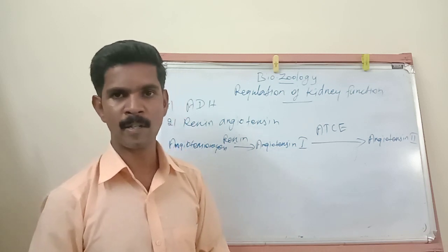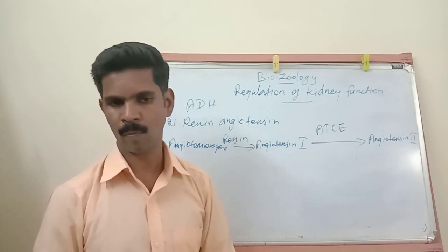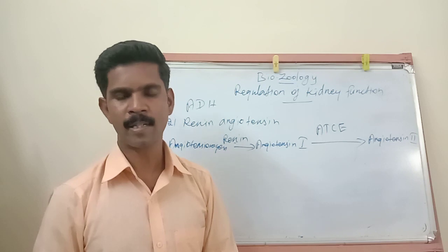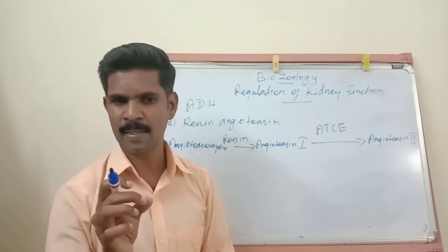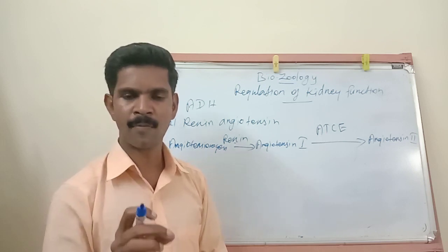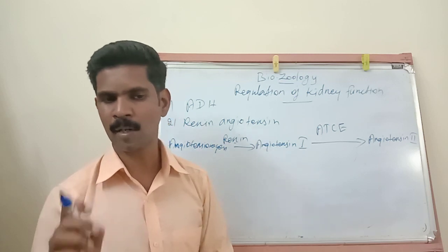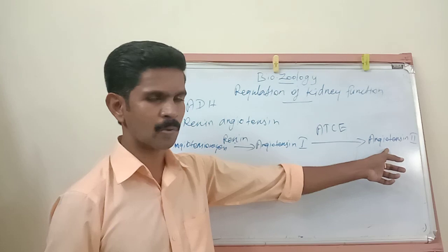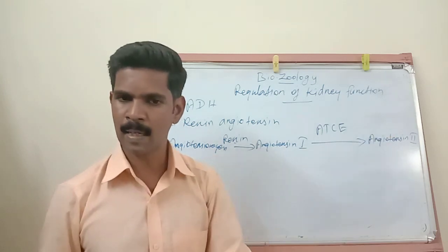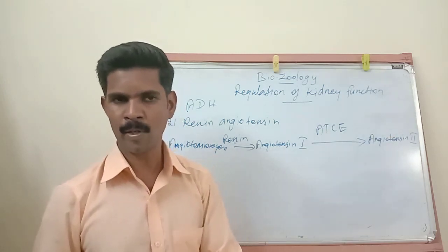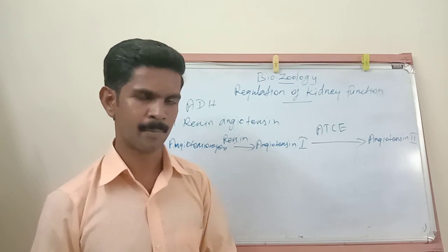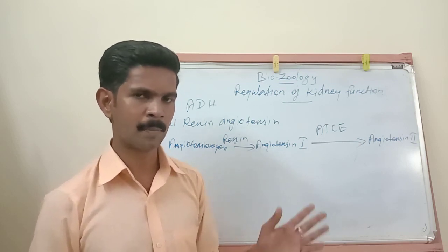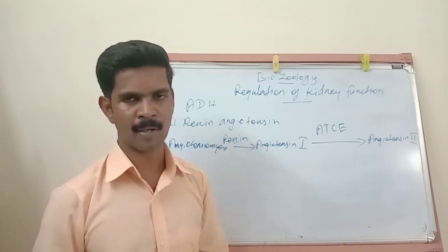Hope you have understood this point. Now this angiotensin 2 stimulates the reabsorption of sodium in the proximal convoluted tubule, which is a part of the nephron.